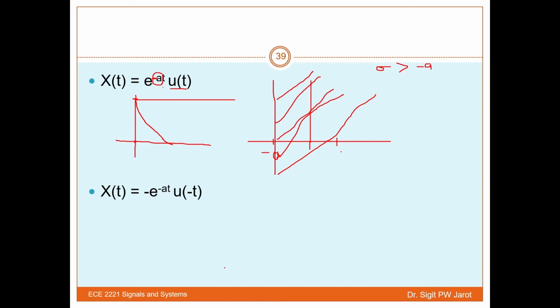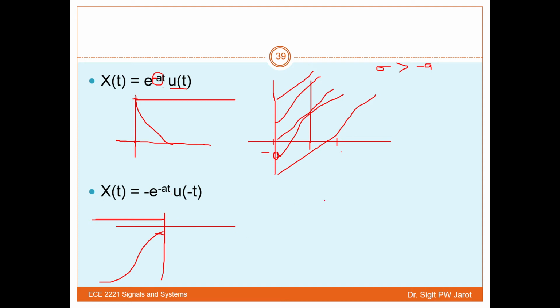And for the second one, it's a minus e to the a t, something like this, and then multiplied by u(-t). With u(-t), we want to consider this side, not from 0 to infinity.